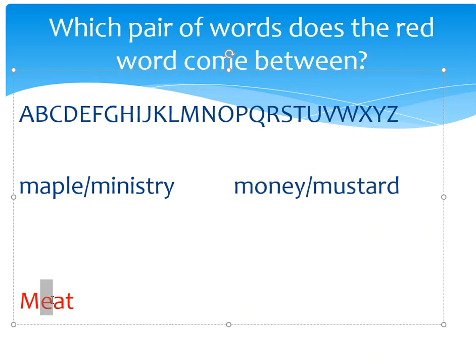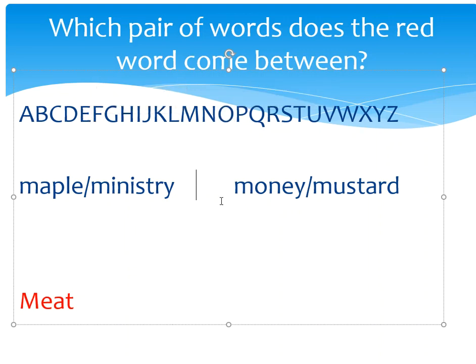So let's look at meat. They all start with M. What's the second letter here? M-E. Now look at the word money. Now the first guide word has to come before the word. Does the word money come before the word meat? Does the letter O come before the letter E?